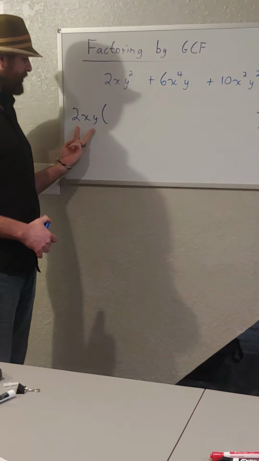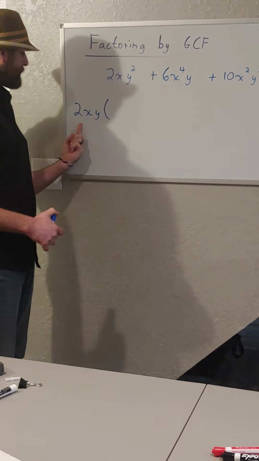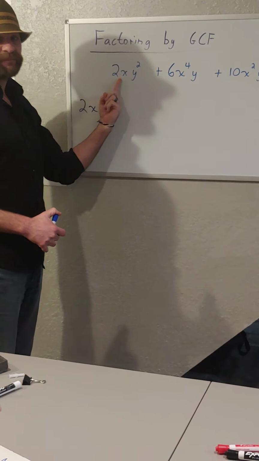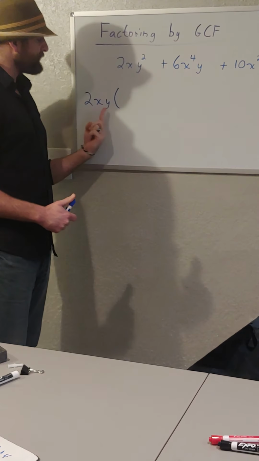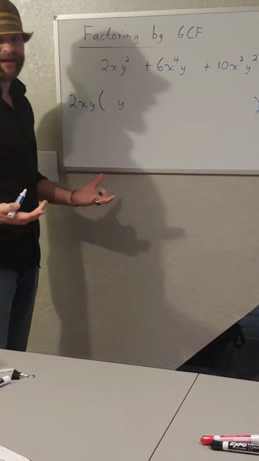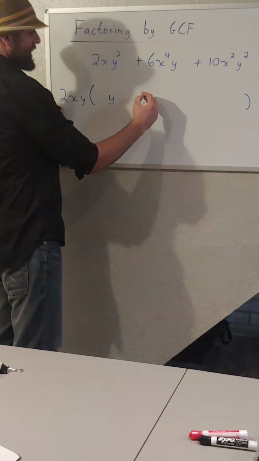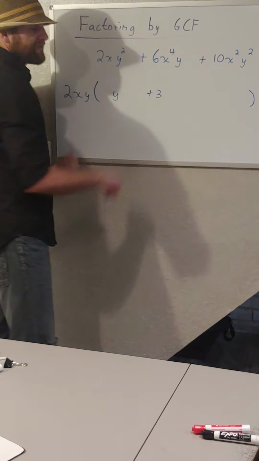Now I'm going to see what multiplies by 2xy to get me to here. My 2 and my x already match up, but we need to get from a y to a y to the second. So we know that y times y is y to the second. 2 times positive 3 will get us to positive 6.